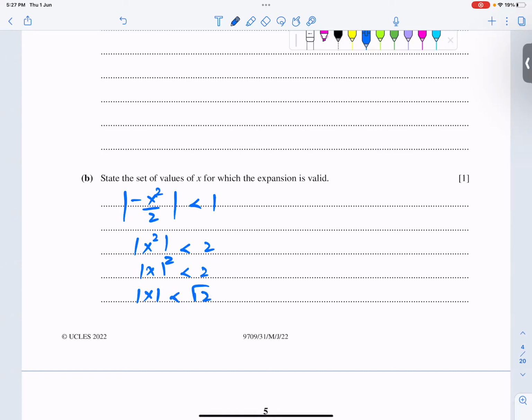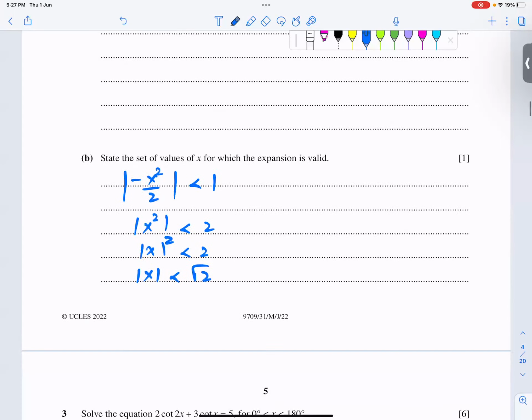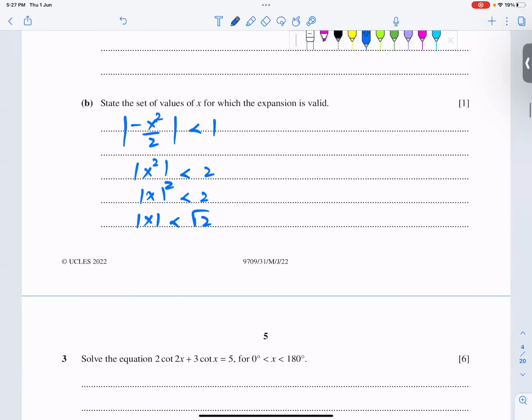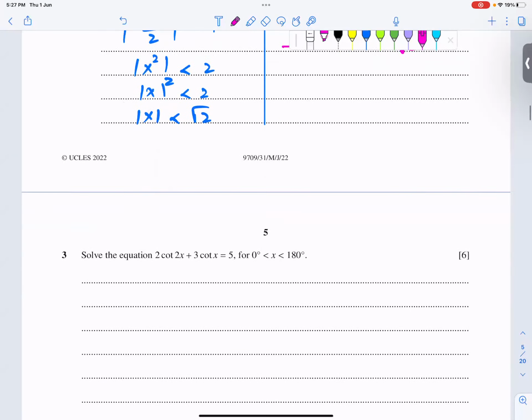If you take square root on both sides, this will be mod of x less than square root 2. One more thing, you can also write this expression as making x sandwiched between negative square root 2 less than x less than square root 2. So this is your answer.